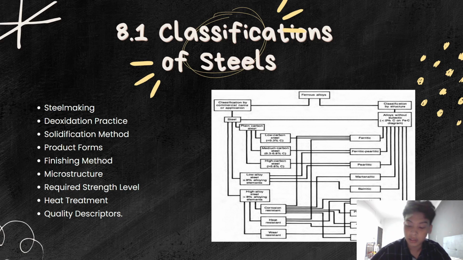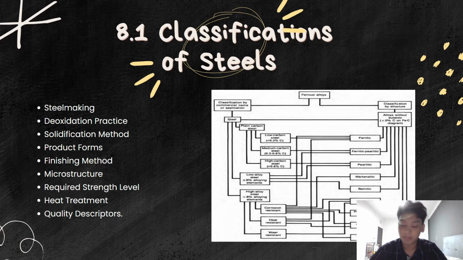Wire used in such products as bed springs, wire rope, nails, and wire fabric. Structural shapes used in buildings and bridges. Last, bars for forgings and machine parts such as gears and bearings.